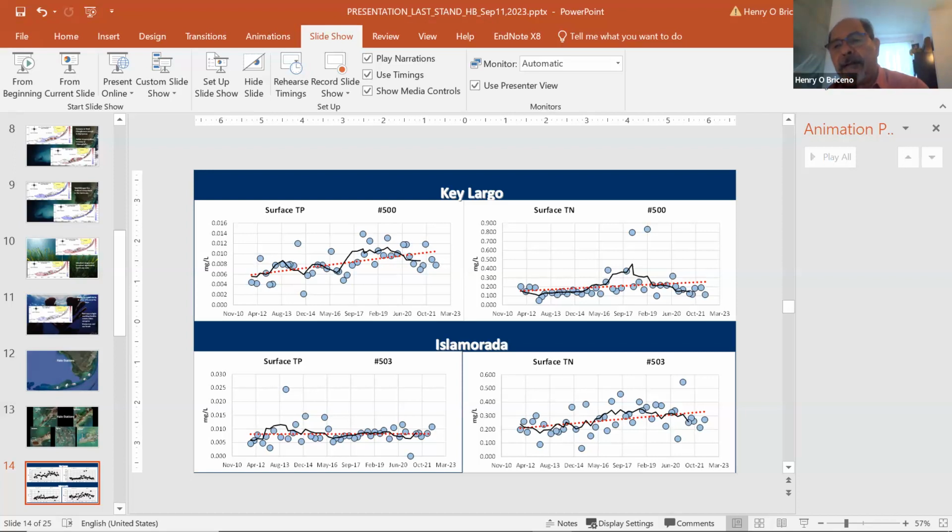Sucralose is an indicator of human impact, and I was the one who began developing that here in South Florida, in Biscayne Bay, and also in the Florida Keys. In Biscayne Bay, I had a problem with the mayor because I showed that there was some significant impact from their pumps. So keep on using sucralose, because that's a good indicator of whenever you have an input from humans on water quality.